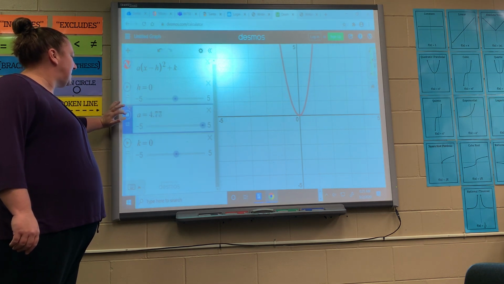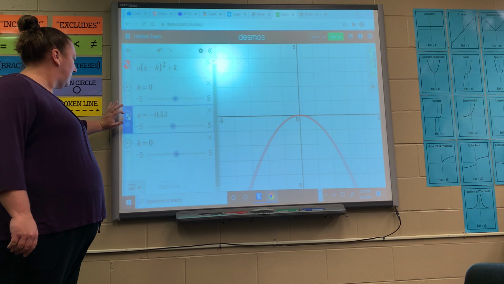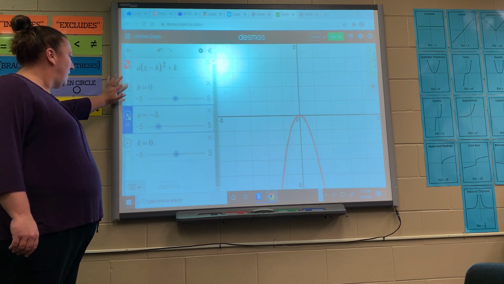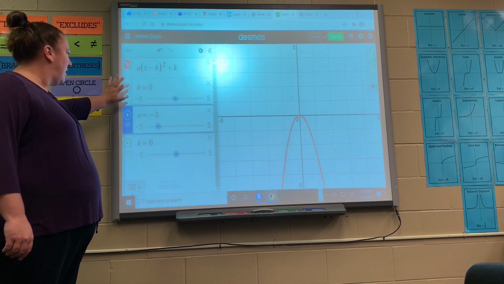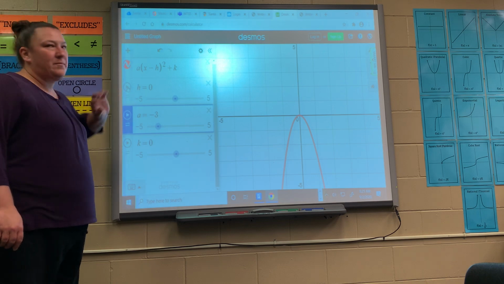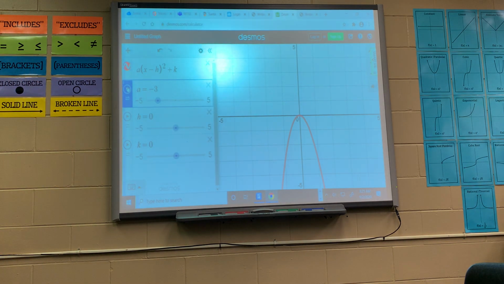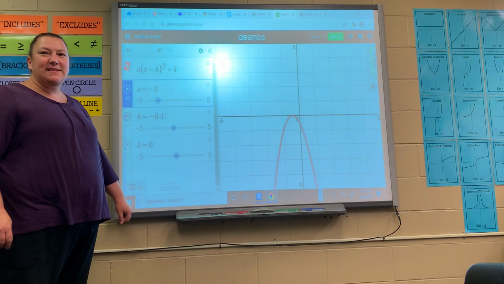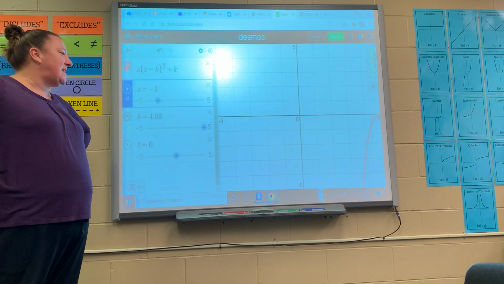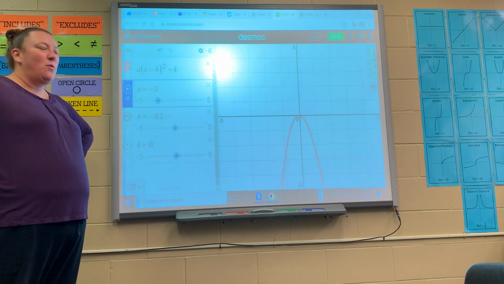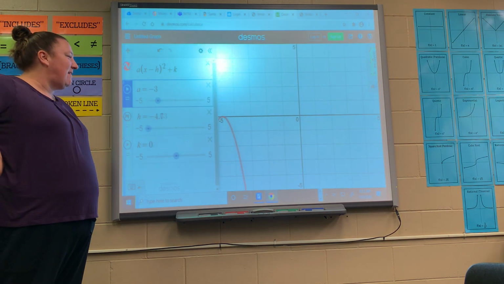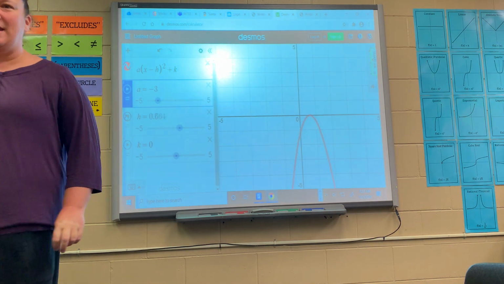Let's see if what happens is different with H. Oh, wow. The same thing is happening with H. When H is positive, it moves to the right. When H is negative, it moves to the left. Isn't that really neat?